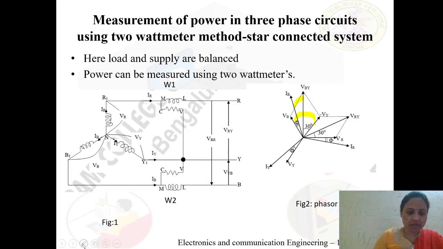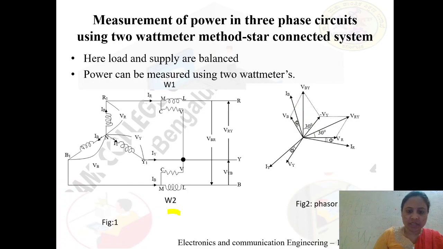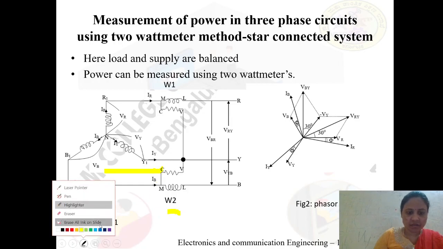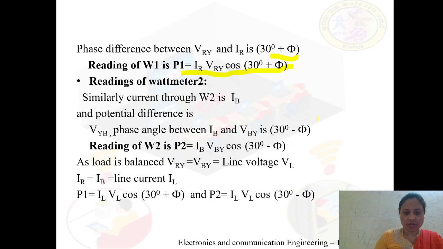Therefore, the second wattmeter W2 reads the current IB, voltage VYB, and the angle is 30 minus 5. So we can just note here: current IB, potential difference VYB, and the phase angle is 30 minus 5.